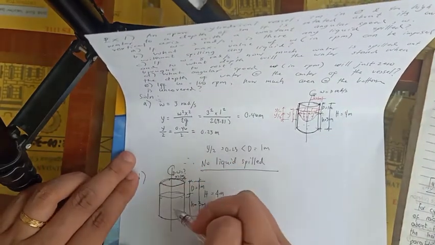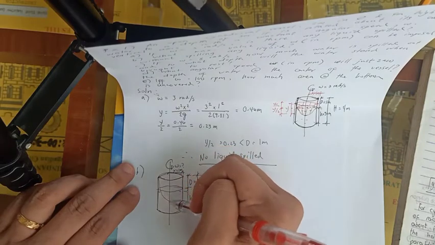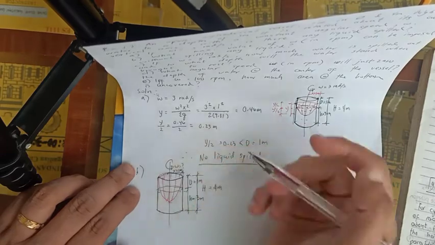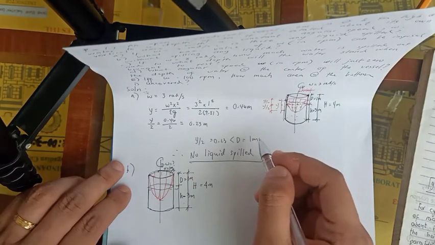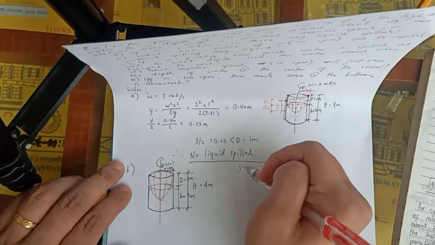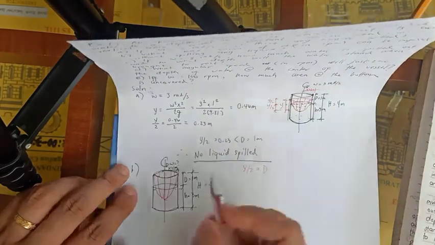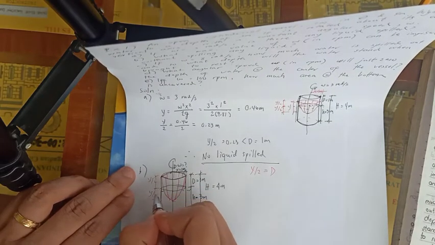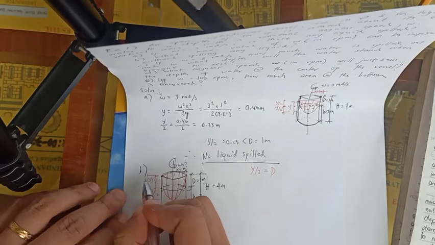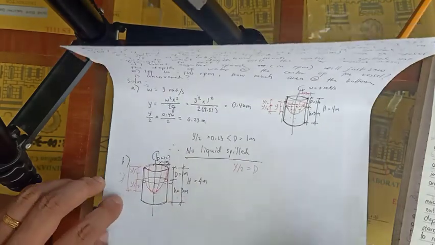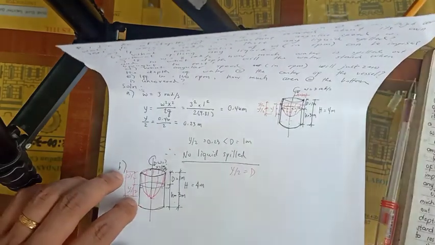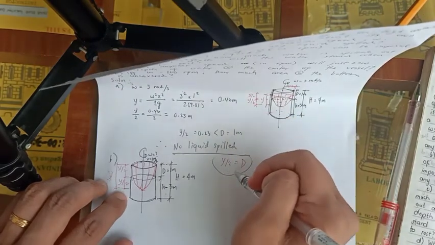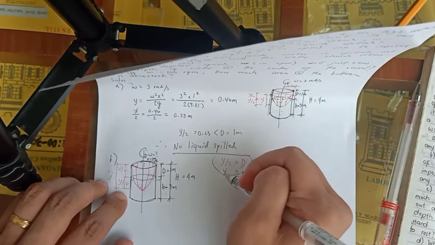So y over 2 equals D. If this condition is met, then since D is 1, y over 2 is 1.